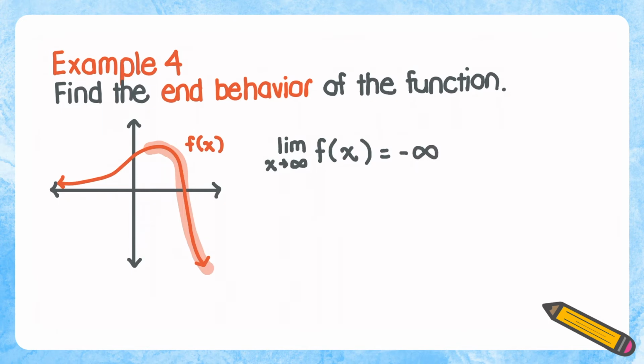We're going far down. And let's take a look at the other end as well. This is where it gets a little trickier. What's the limit of this function, f of x, as x approaches negative infinity?